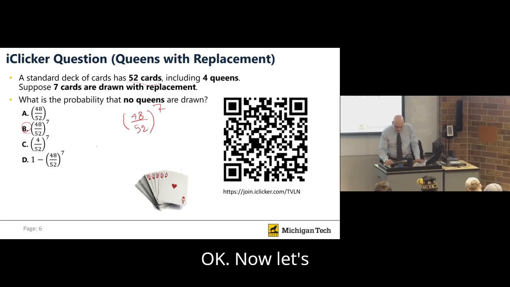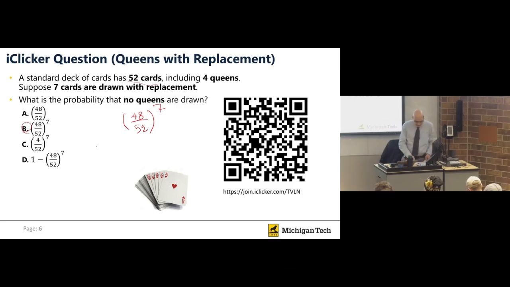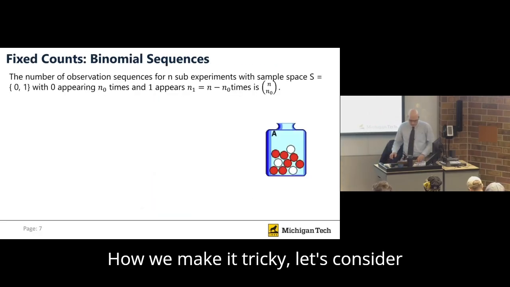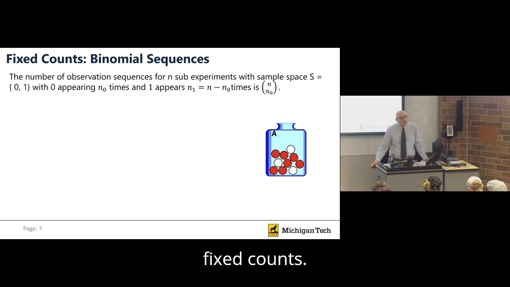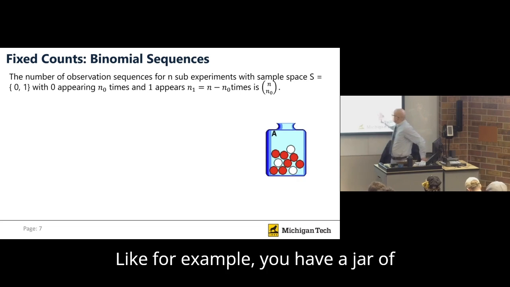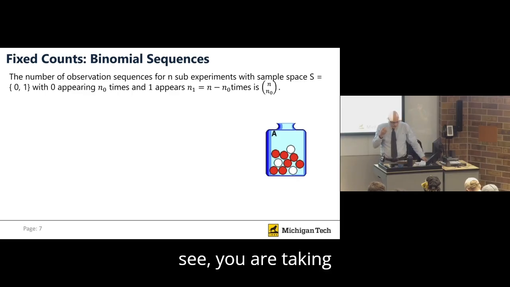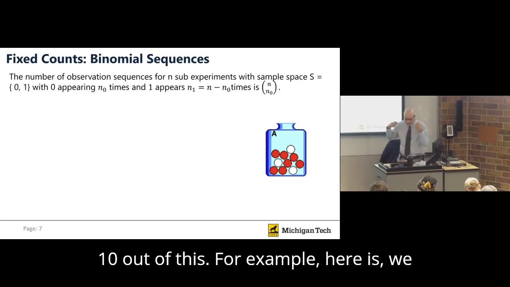Okay. Now let's make it a little tricky. How do we make it tricky? Let's consider fixed counts. For example, you have a jar of multiple marbles, and you are taking 10 out of this.